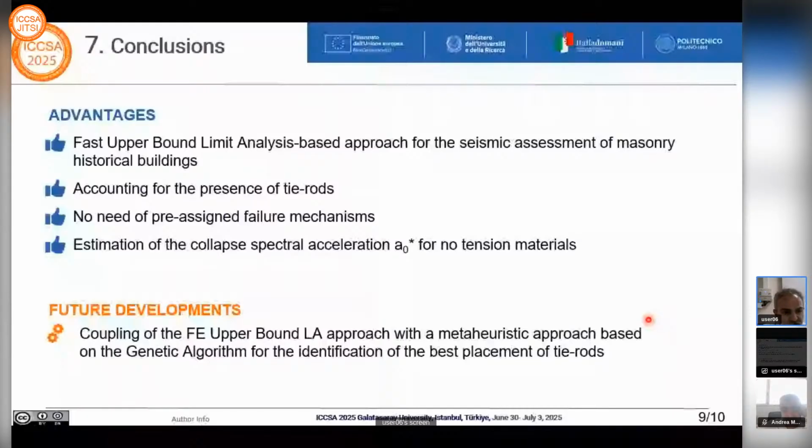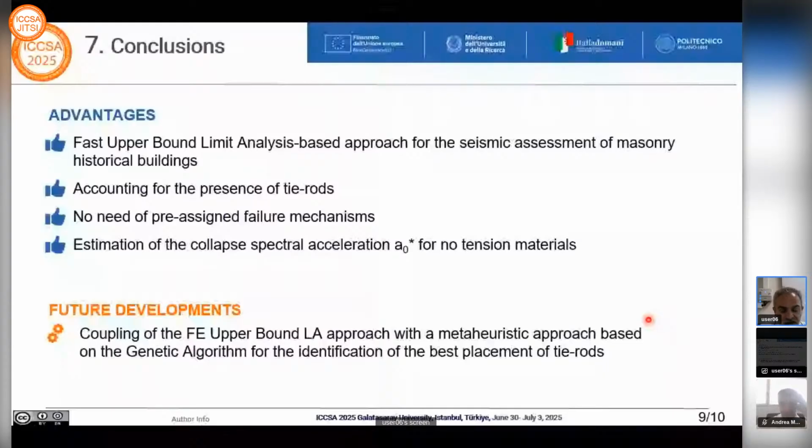So just to conclude, because I am already late, the advantages of the approach that combines upper bound limit analysis with finite element discretization, I think are pretty obvious. So we avoid having to hypothesize from the beginning a pre-assigned failure mechanism, and this is a great advantage.